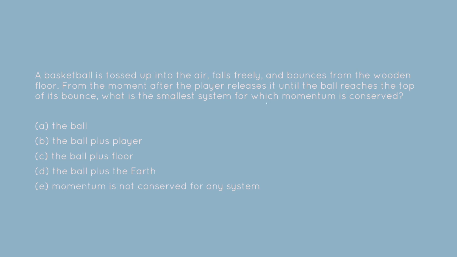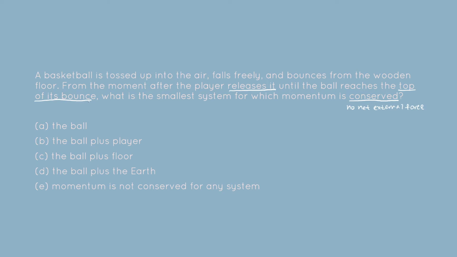Right, so we note that the question is asking which system is momentum conserved. So we recall that for momentum to be conserved, there must be no net external force acting on the system. Furthermore, they are asking for after the player releases the ball up until it reaches the highest point of its bounce.